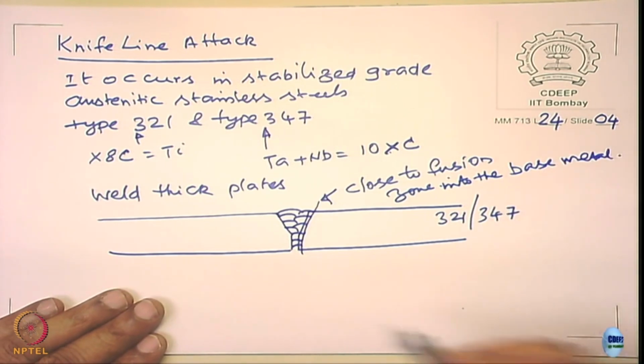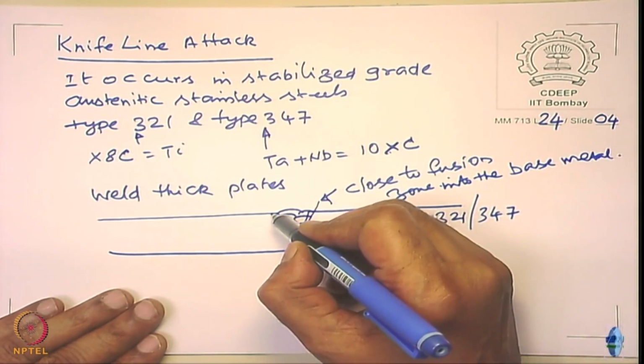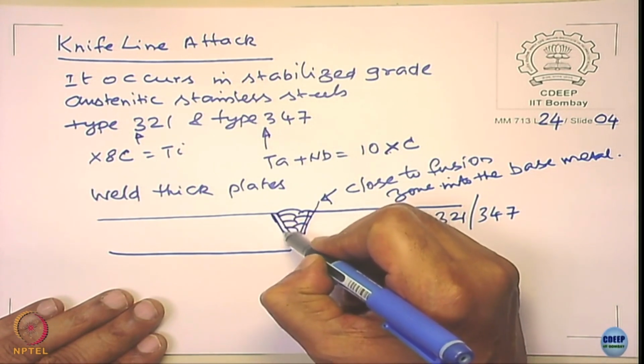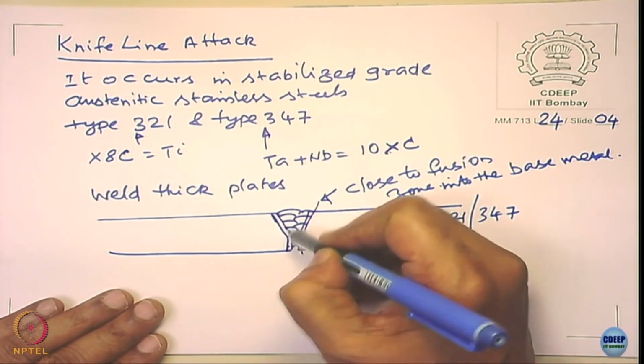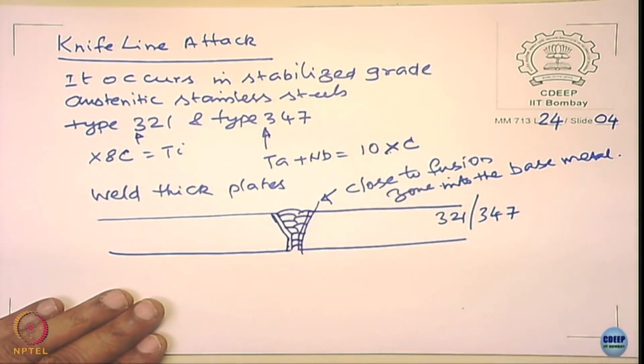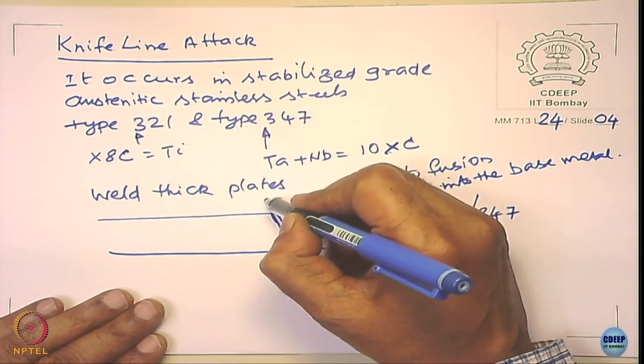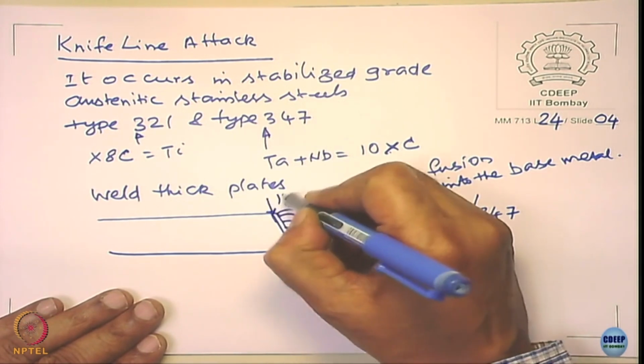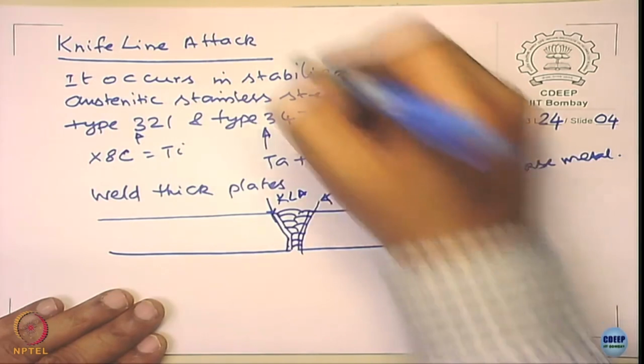So at the base metal side, very close to this, it happens. This is called KLA.